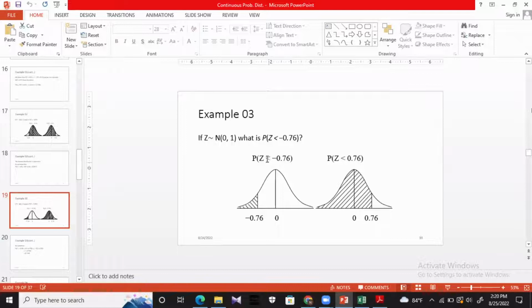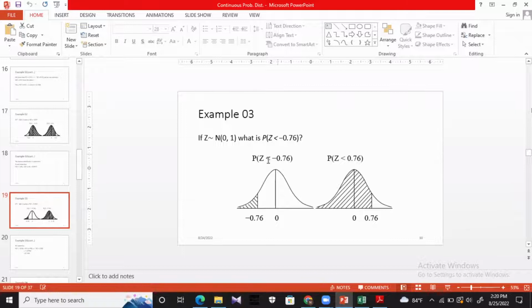This Z less than minus 0.76 is not equal to Z less than 0.76. These two regions are different, but you may need this Z less than 0.76 to find the required probability, that is Z less than minus 0.76. That's why I have given these two diagrams.